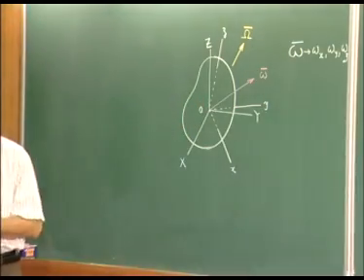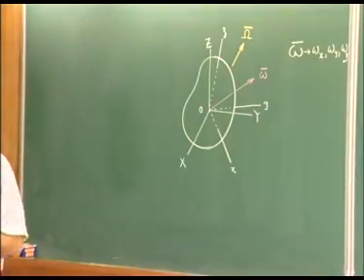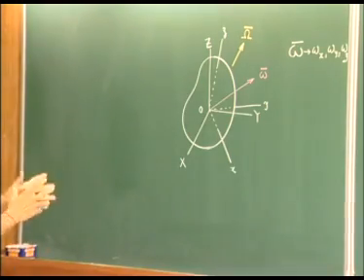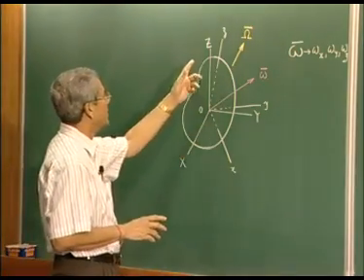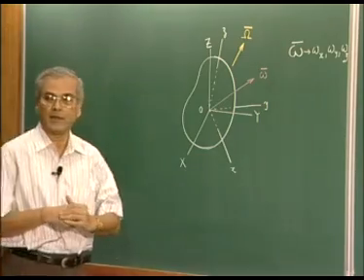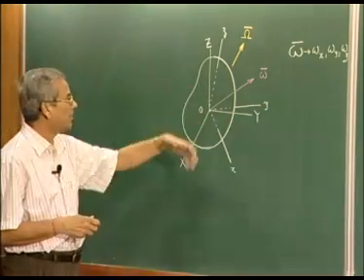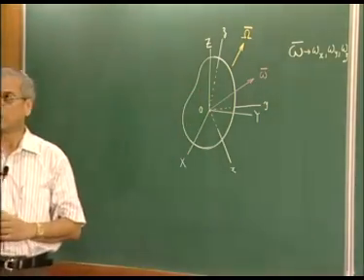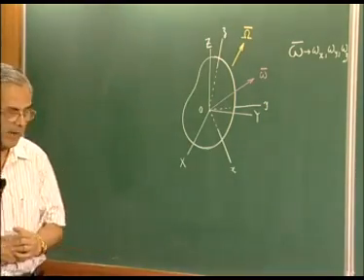So, this is the situation. We have a fixed frame of reference capital XYZ, we have a moving frame of reference small xyz moving with an angular velocity capital omega, and the rigid body which is rotating with an instantaneous angular velocity omega.